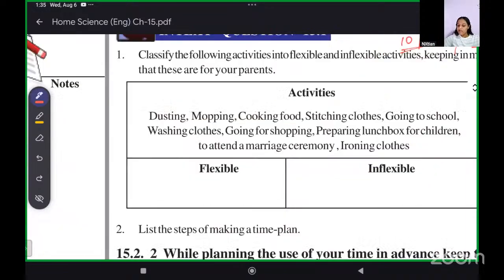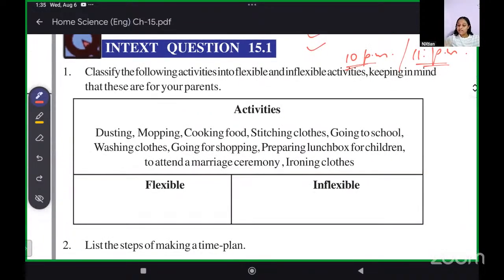Okay. Now, in-text questions 15.1: Classify the following activities into flexible and inflexible activities, keeping in mind that these are for your parents. Can you classify them as flexible and inflexible activities? Dusting, flexible.